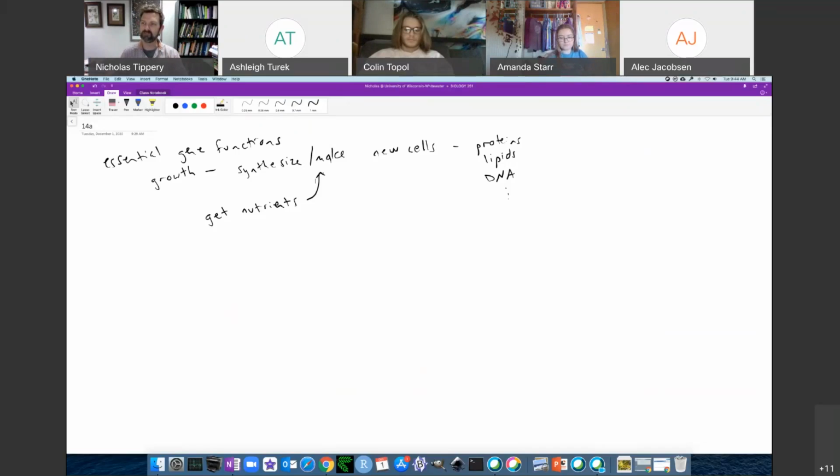So kind of cellular housekeeping. This is a term that scientists use when they talk about these sort of baseline functions that are responsible for basically keeping cells alive at a really basic basal level.